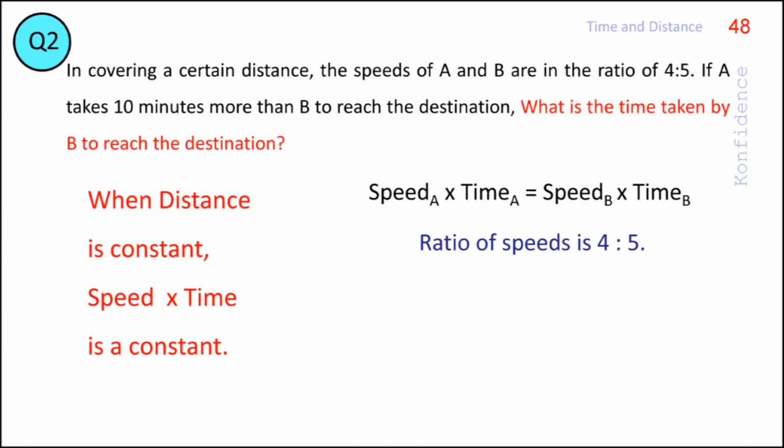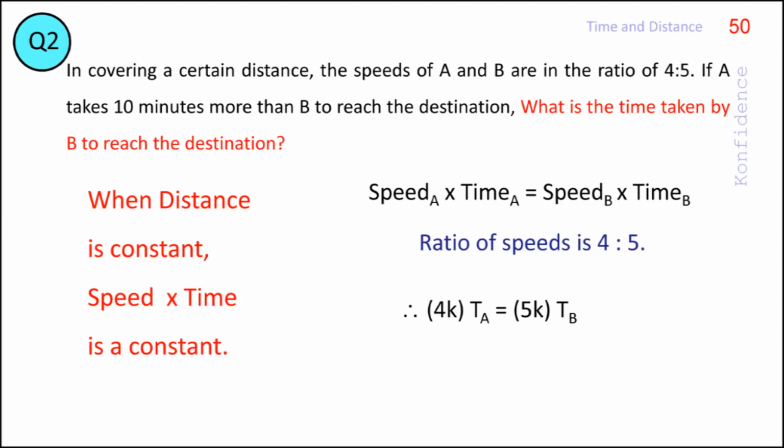If the speed of A is 4 units, then the speed of B is 5 units. Let us take the speed of A as 4k. Then the speed of B will be 5k. So we can rewrite the earlier relation as 4k into time of A equals 5k into time of B.